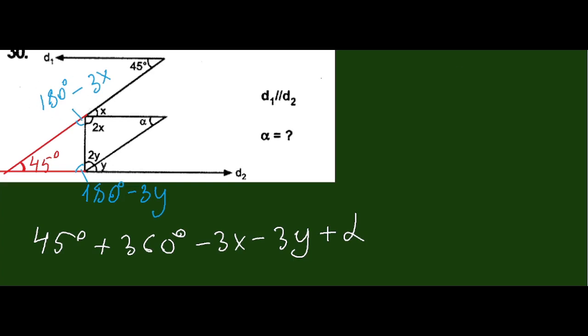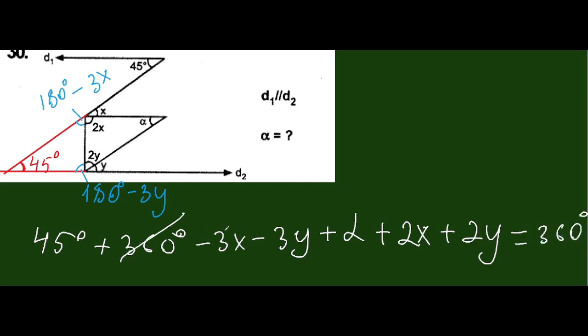We have to add up this one and 2x. So this is one of the interior angles of our quadrangle. It's not a parallelogram, so we just add up x, 2x here, and 2y plus alpha will equal 360.